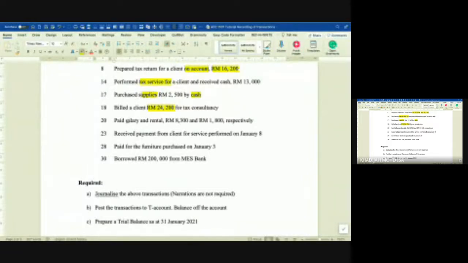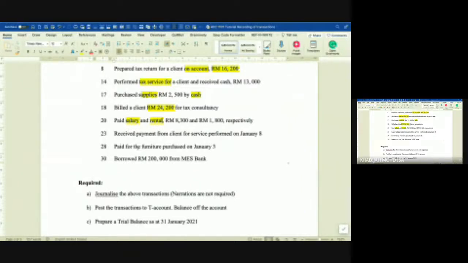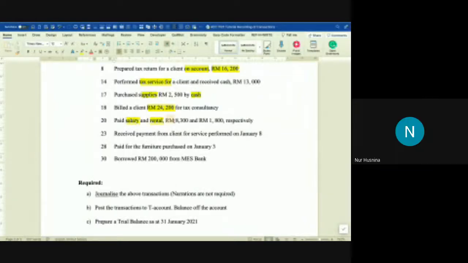And then you paid salary and rental. This one is your expense. So what will be the entries here? Journal entries for the 20th: debit your salary, 8,300.